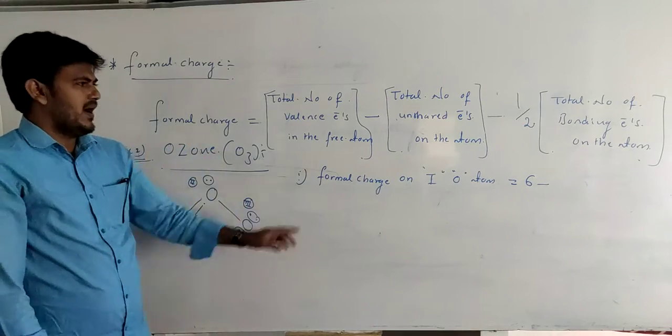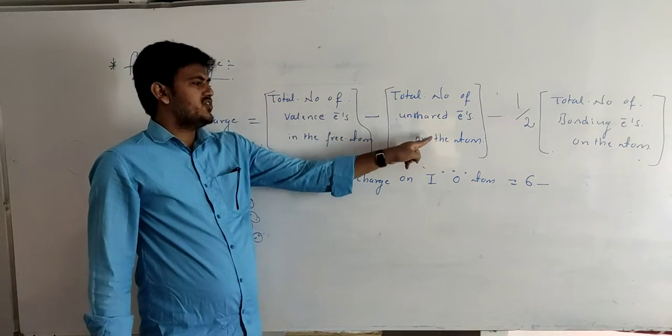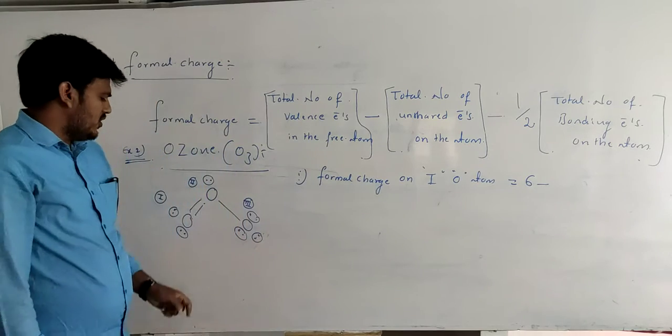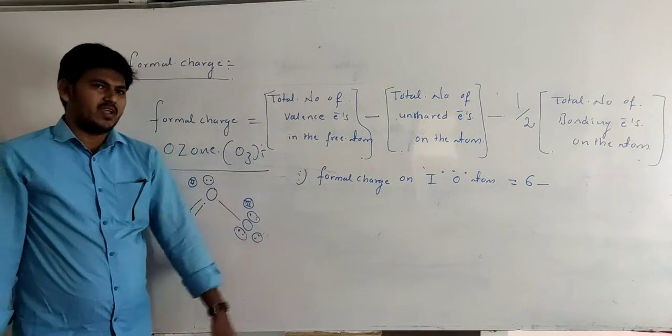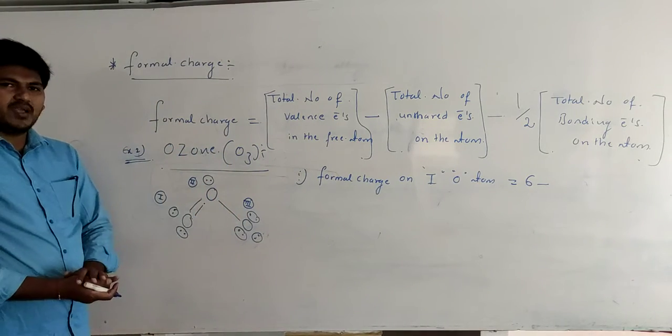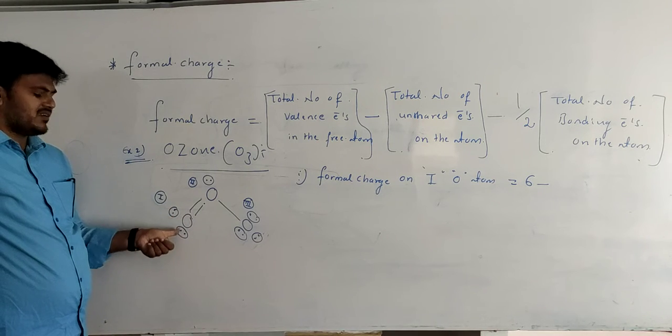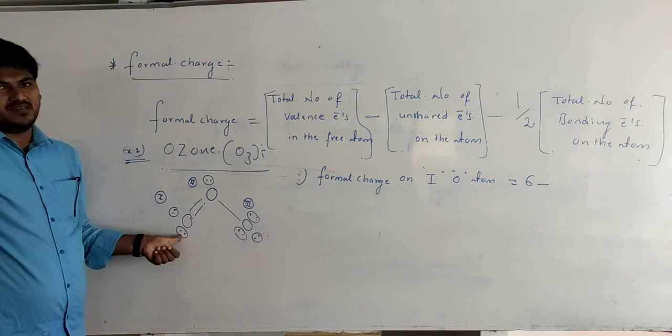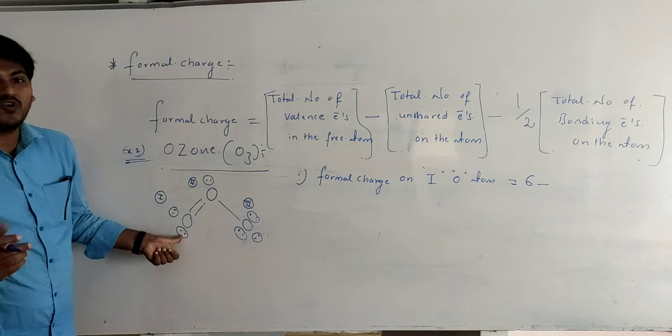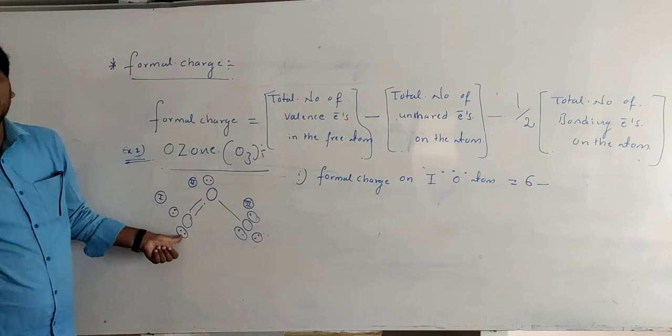Okay. Minus total number of unshared electrons on the atom. That means the first oxygen atom has 4 unshared electrons or 2 lone pairs of electrons. Unshared electrons are 4, but lone pairs are 2.